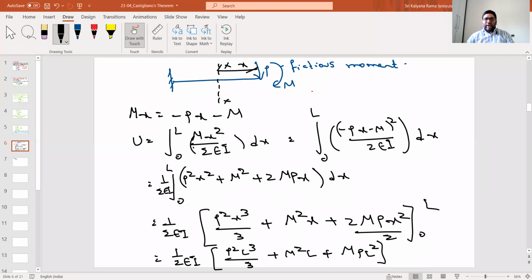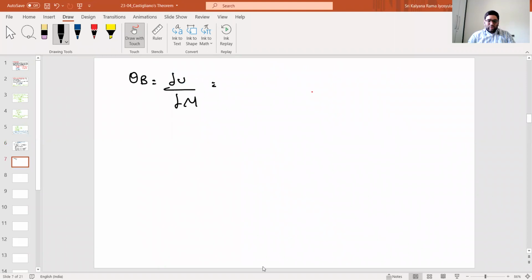The second term becomes 1 and the third term becomes PL squared by 2EI. So let me write it: it is equal to PL squared by 2EI.